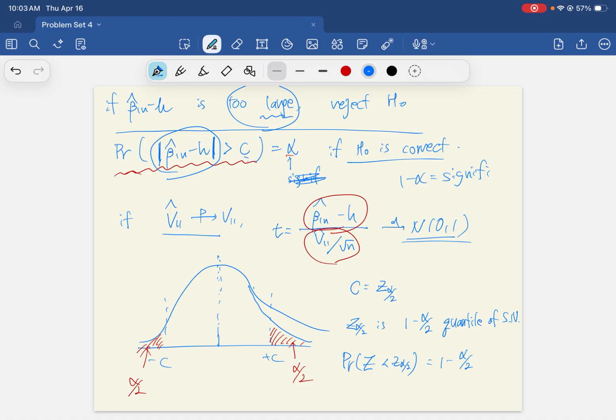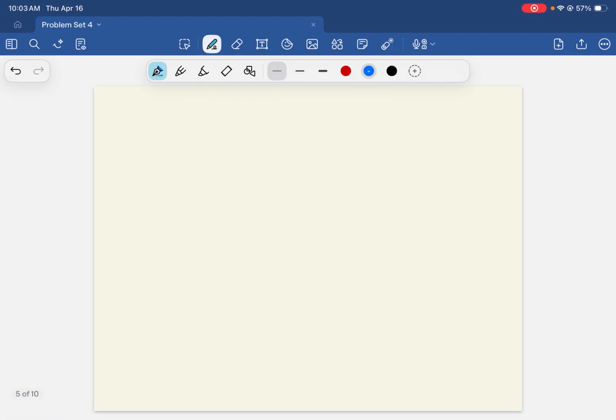So you can calculate this from normal distribution. For example, when you have 5% error probability, type 1 error probability, it is 1.96. Approximately like plus minus 2 is the idea. This is the t-test using central limit theorem.